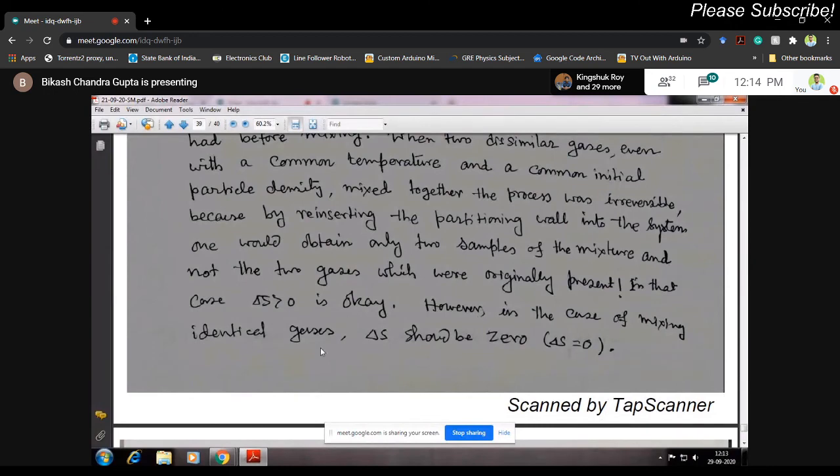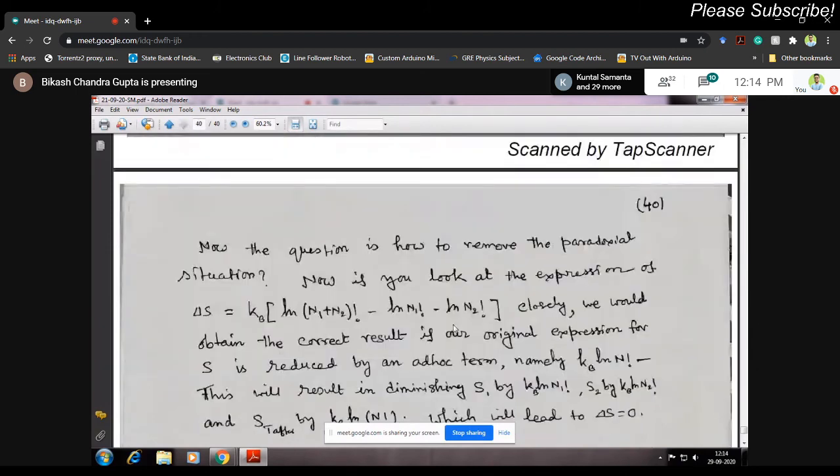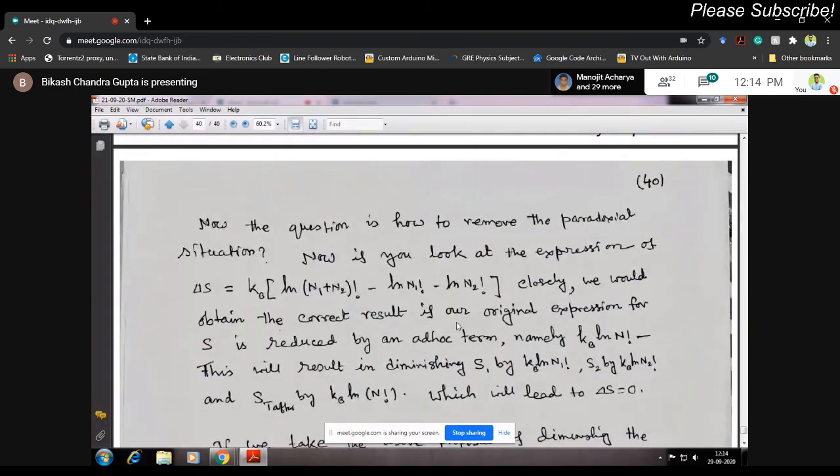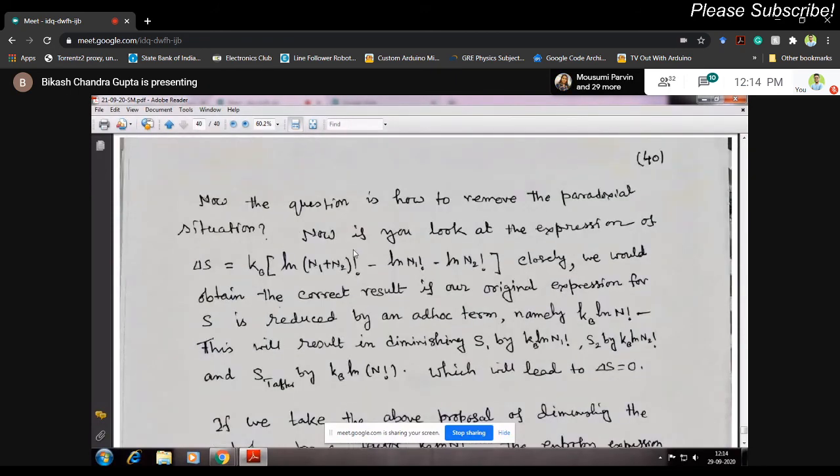However, in the case of mixing identical gases, delta S should be 0. Now the point is that this term you have, right? If you look at this expression, in the delta S, basically you have a term like this.